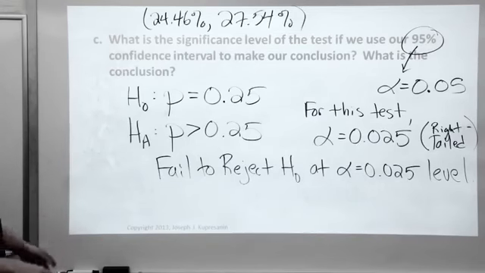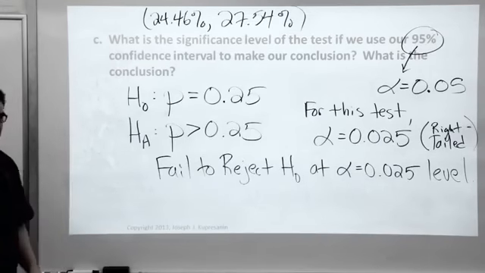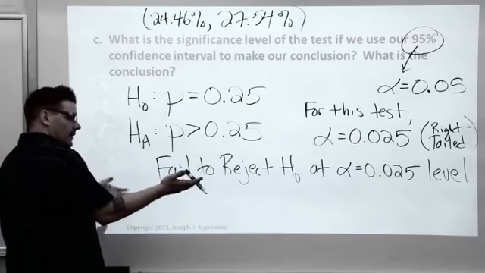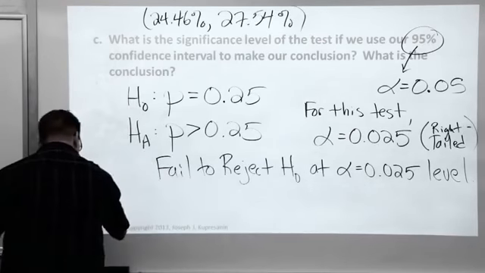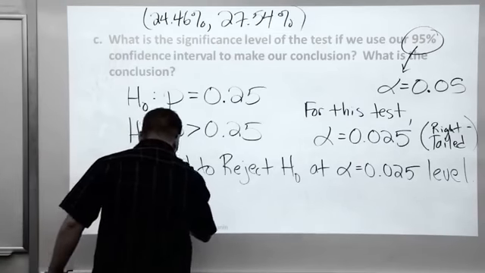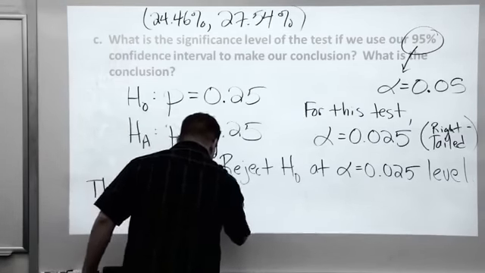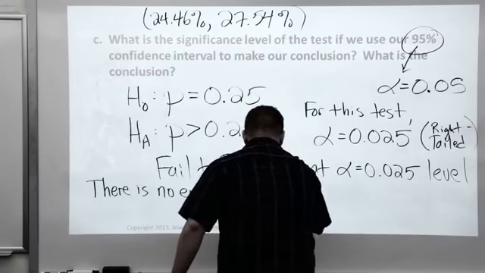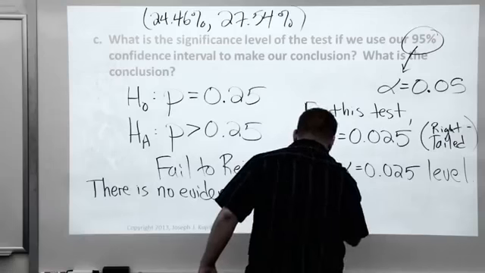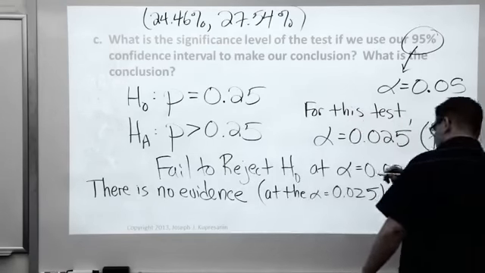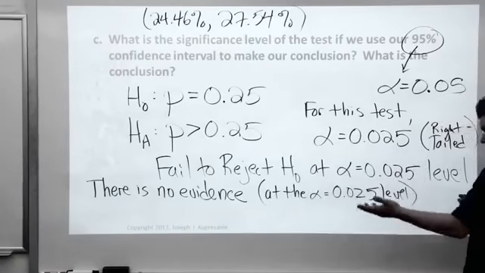To write a concluding remark to wrap this up, what's the conclusion? I do not have evidence, right? There's no evidence that more than a quarter of all Americans think that their finances are improving. There is no evidence, in parentheses, at the alpha 0.025 level, because we are running a fixed alpha level test here.